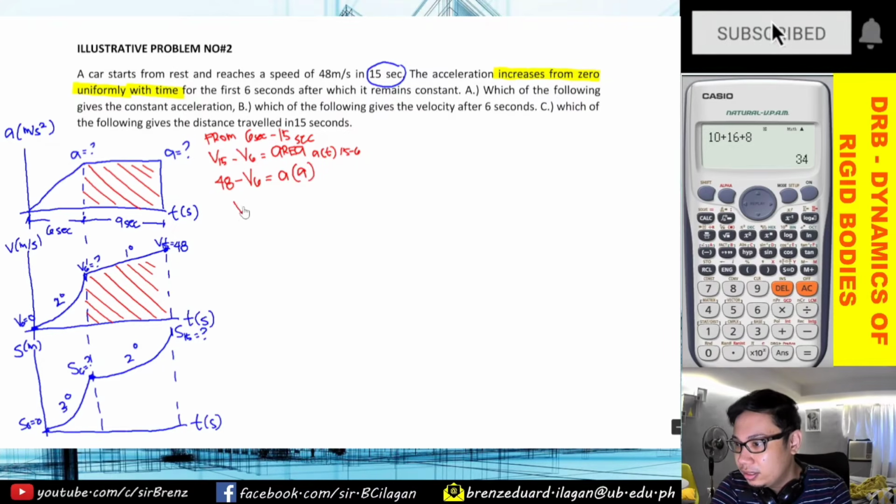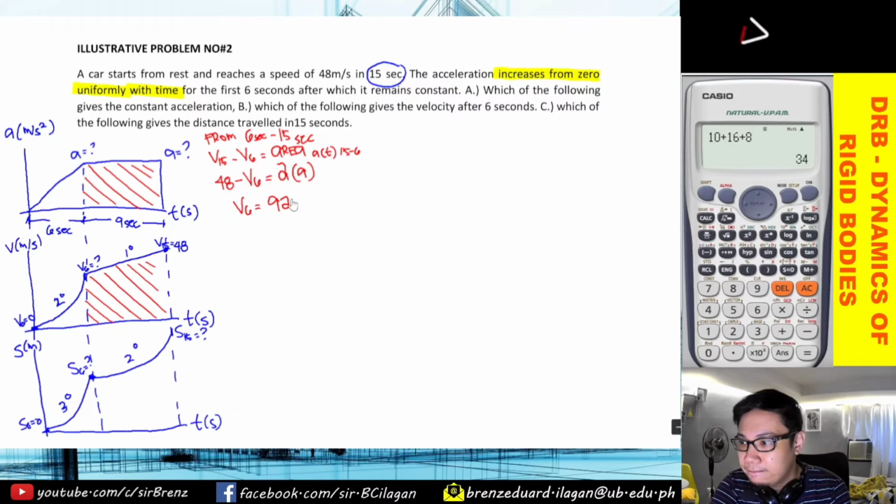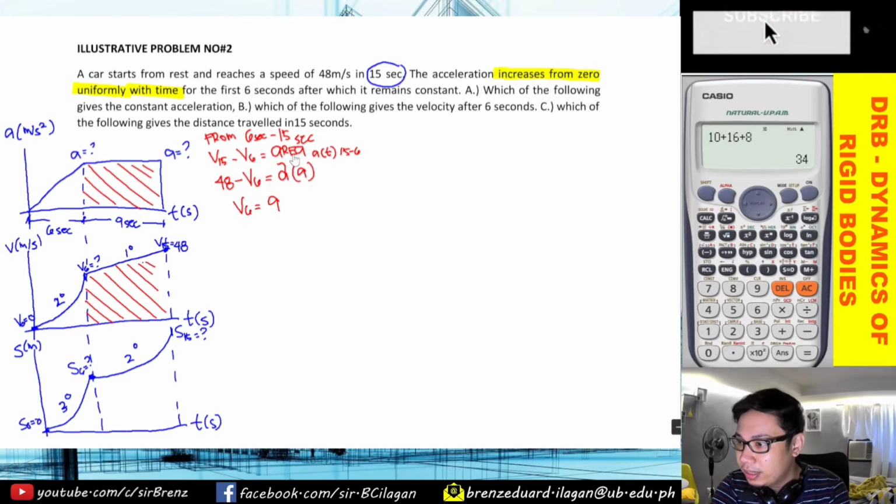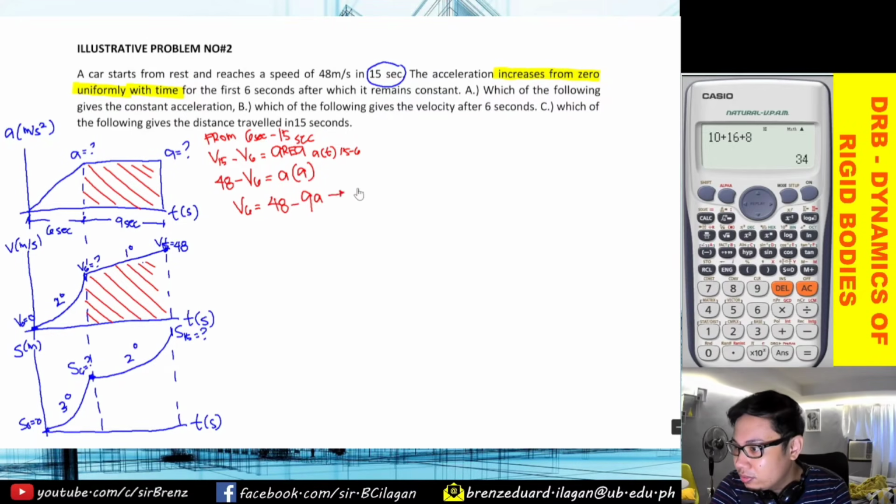So the velocity at 6 seconds is 9A. Sorry, transpose; it should be like this. So 48 minus 9A. This will be our equation 1.